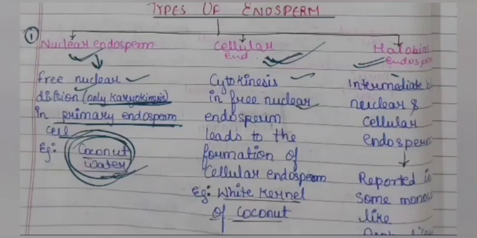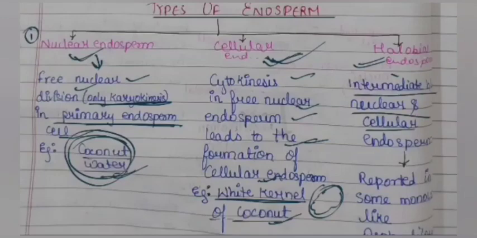The second one is cellular endosperm, which is formed when free nuclear endosperm undergoes cell formation, which leads to the white kernel, the edible part of the coconut. The third one is intermediate between the nuclear and the cellular endosperm, which is mostly reported in monocots.